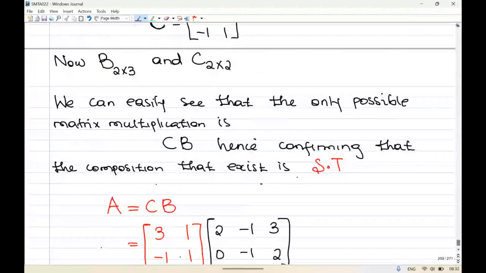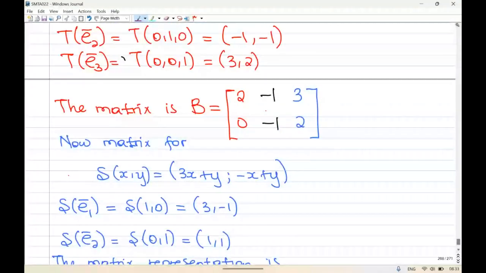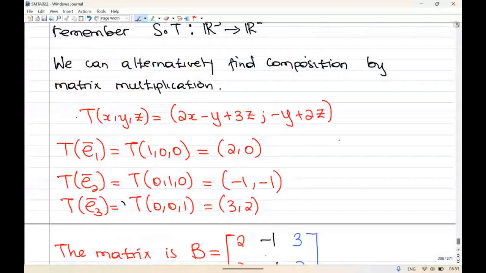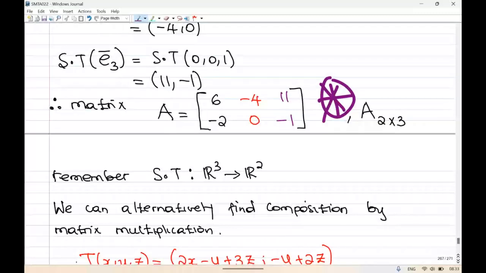This A is the one that we got here when we calculated, it is the same as this. Do you see it? This is what we're looking for.